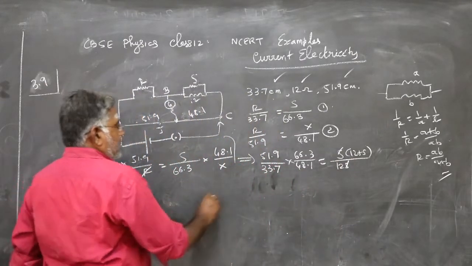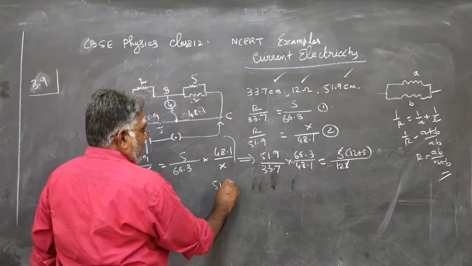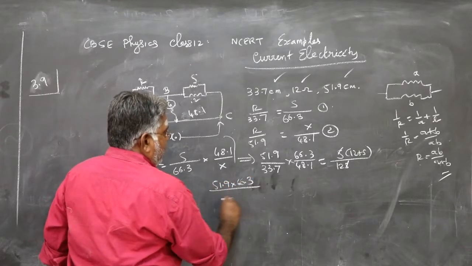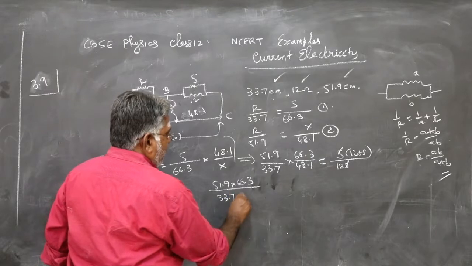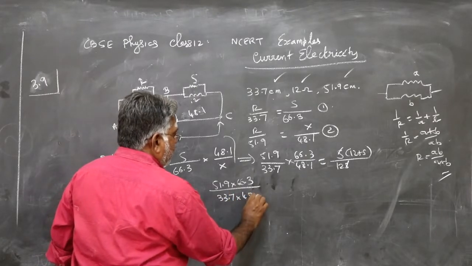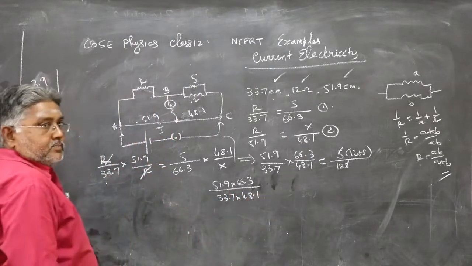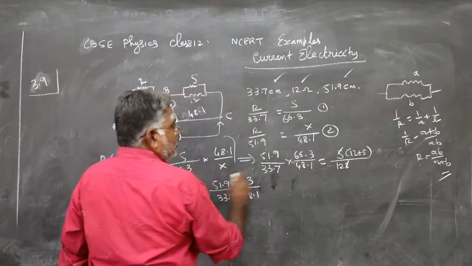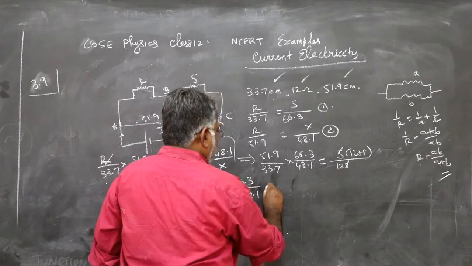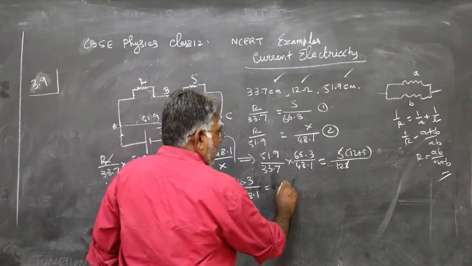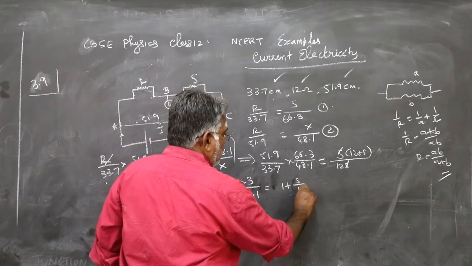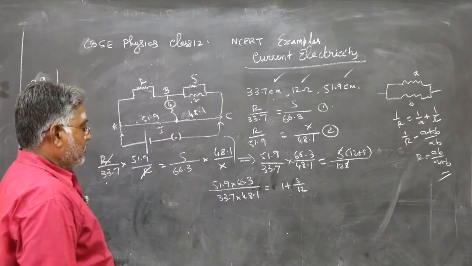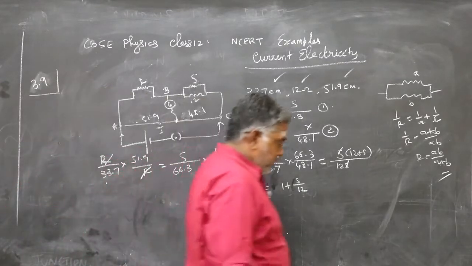So now it simplifies to 51.9 into 66.3 divided by 33.7 into 48.1 equals 12 by 12 plus S, so that will be 1 plus S by 12. Take 1 to the left side.